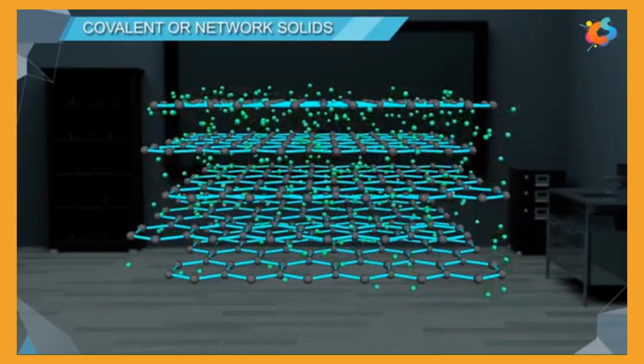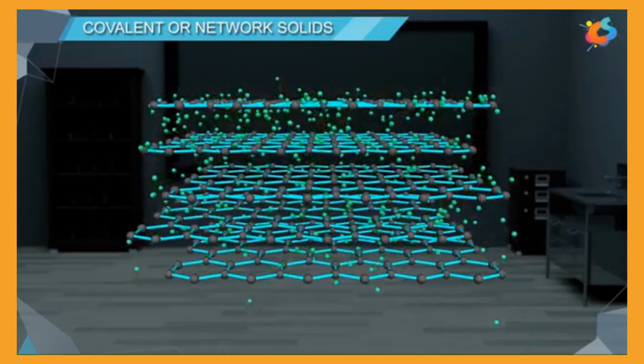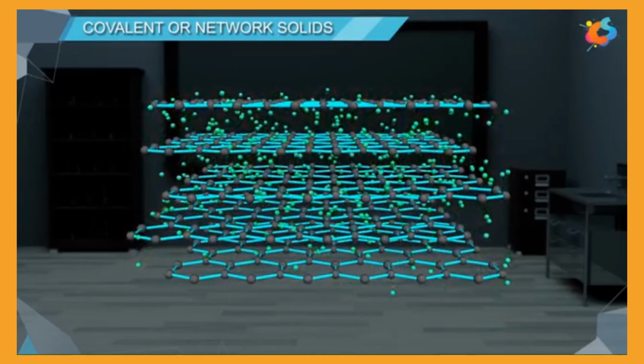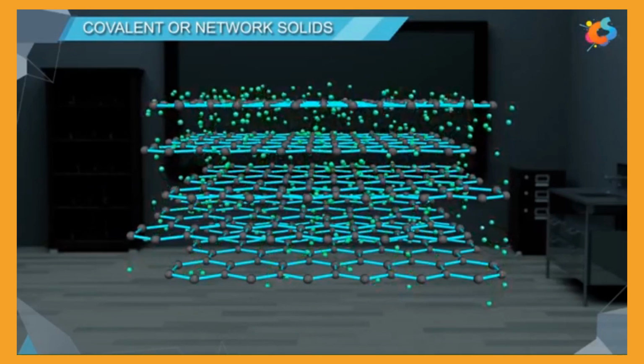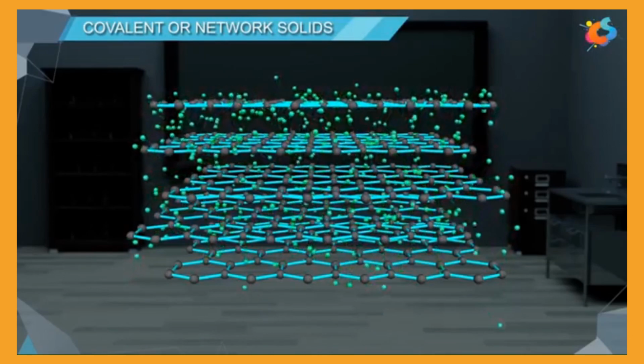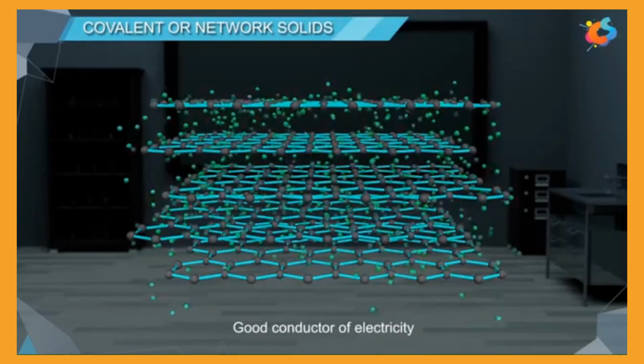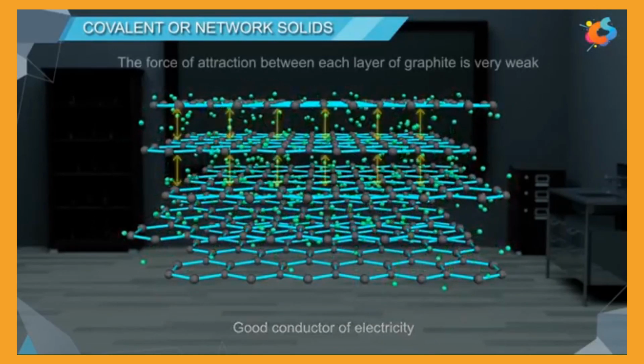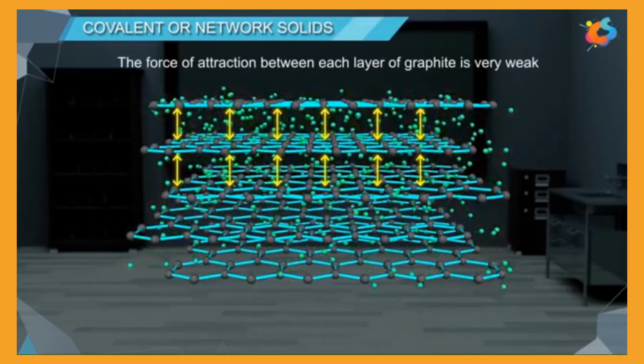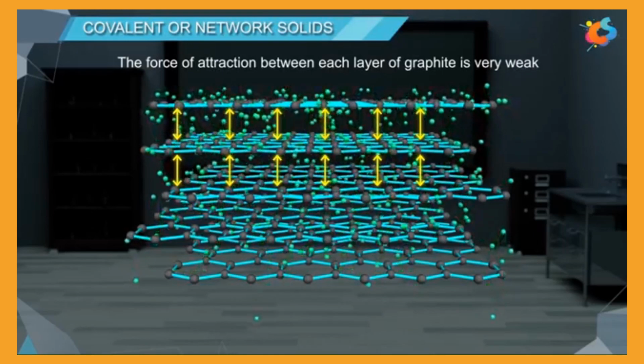This 4th valence electron is free to move within the structure. When a potential difference is applied, these free electrons act as charge carriers and make graphite a good conductor of electricity. The force of attraction between the layers of graphite is very weak.